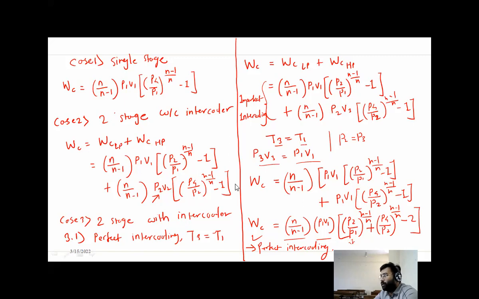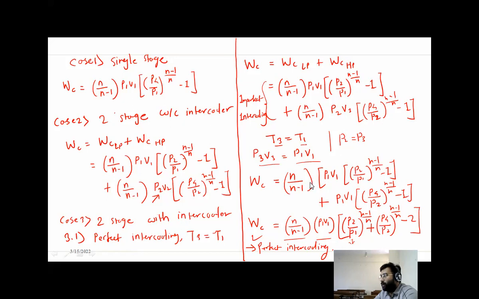So here comes the equation: n upon n minus 1 P1 V1, as it is from this equation, plus P1 V1. Initially it was P2 V3, now it becomes P1 V1, in bracket P4 by P2. So this is the equation for perfect intercooling.